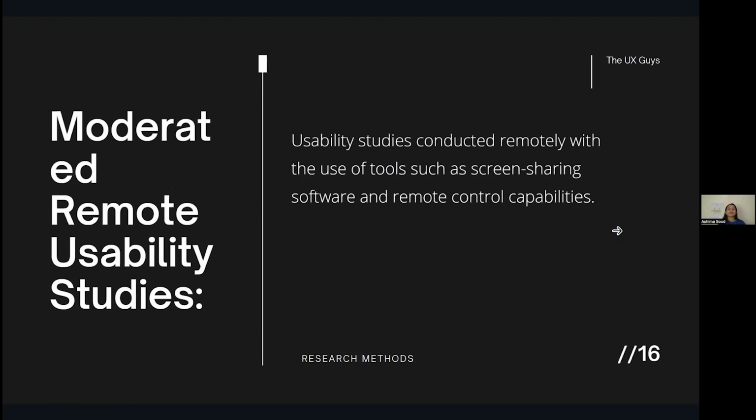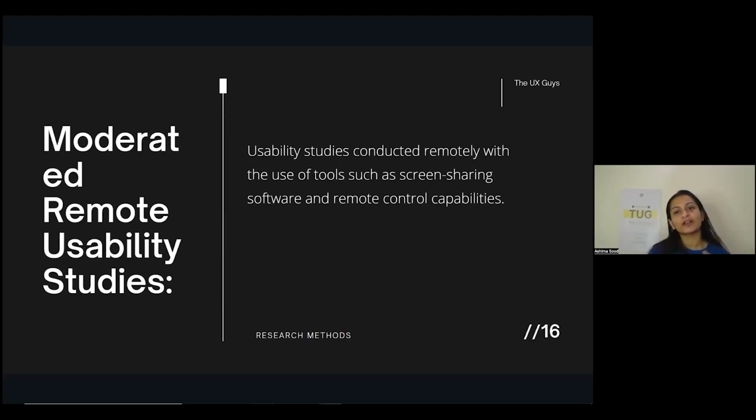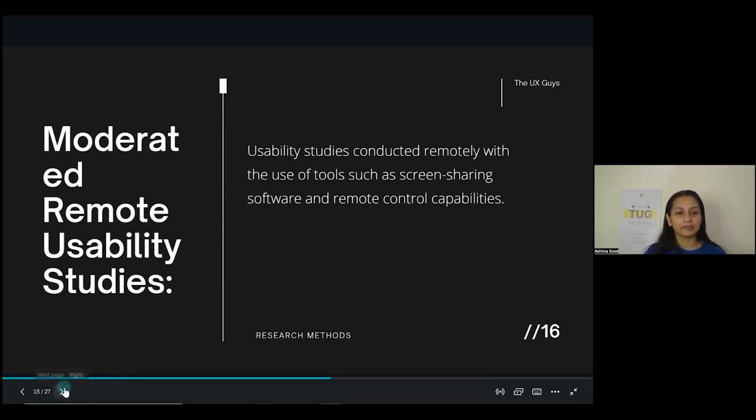So as straightforward as it is, my tip would be to keep in mind that with remote usability studies, a lot of times I have encountered the usual Zoom questions before and after a meeting, like, can you hear me? Can you see this? So a lot of it is very distracting. So that's something that you want to keep in mind. And that's just my tip.